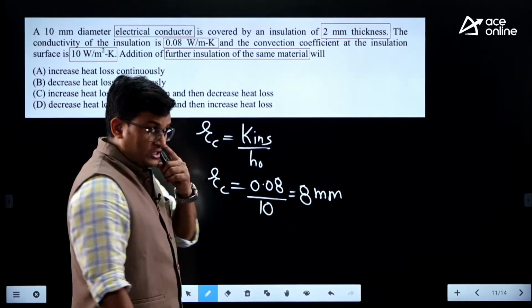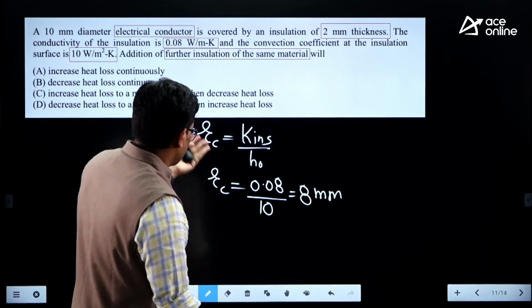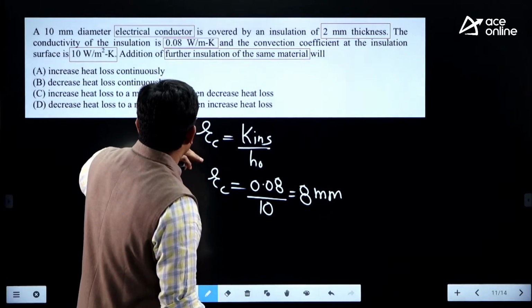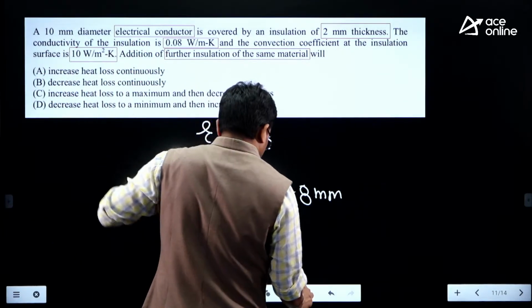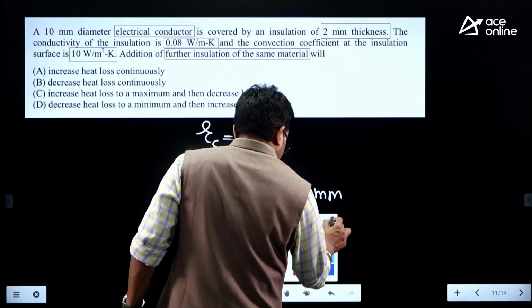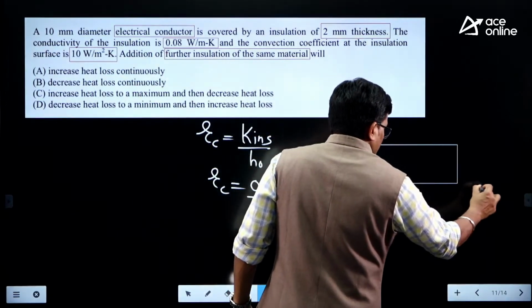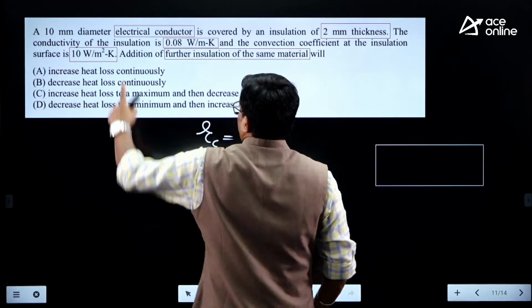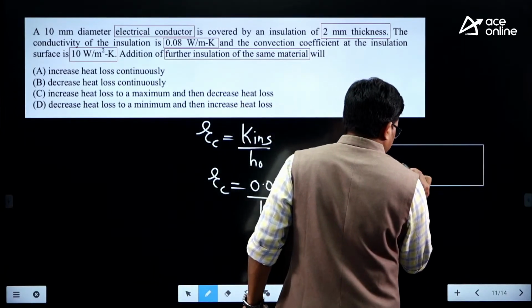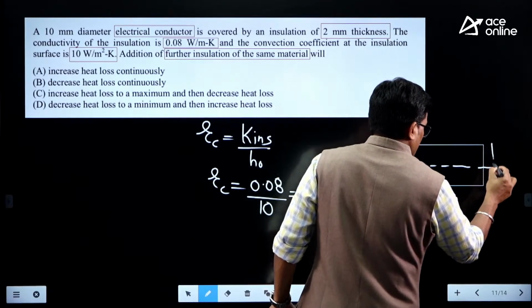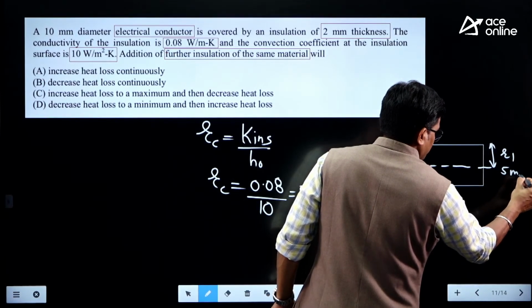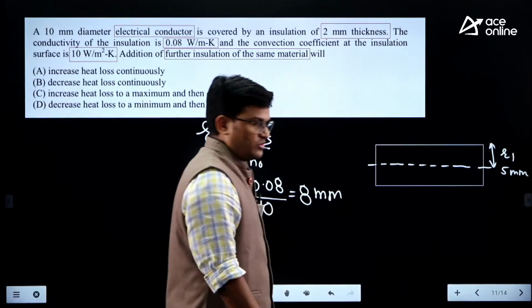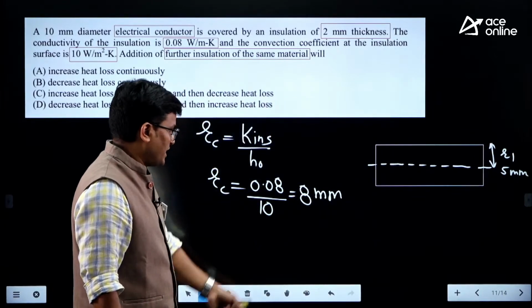Listen, this is the critical radius. Now we have to understand, there is a 10 mm diameter electric conductor. So see, this is the wire, it is 10 mm. So this is R1, that is 5 mm. And what is RC? 8 mm.